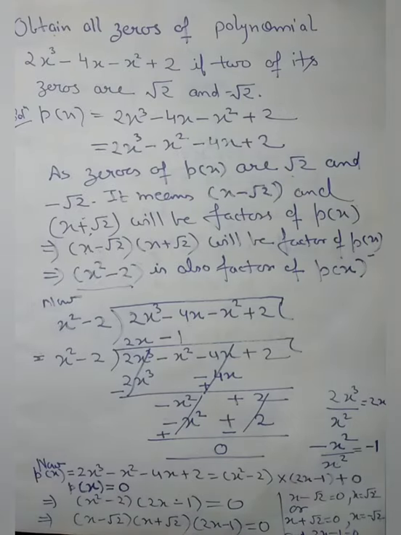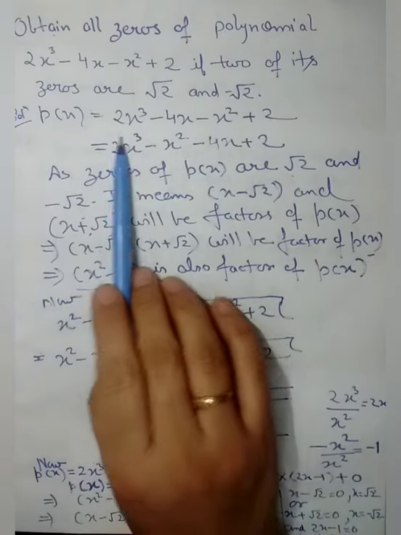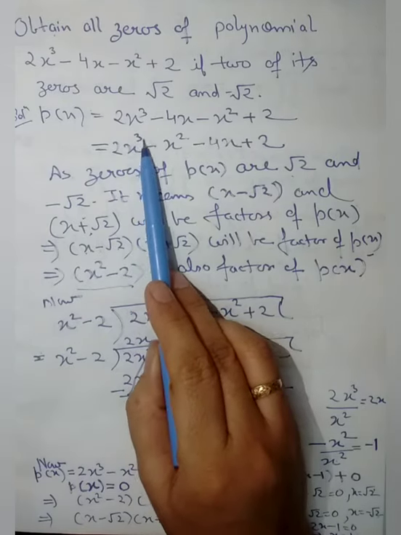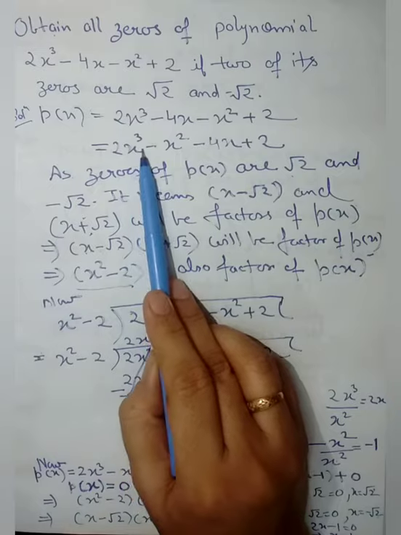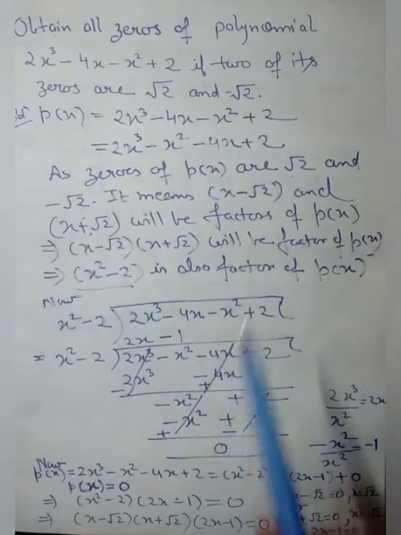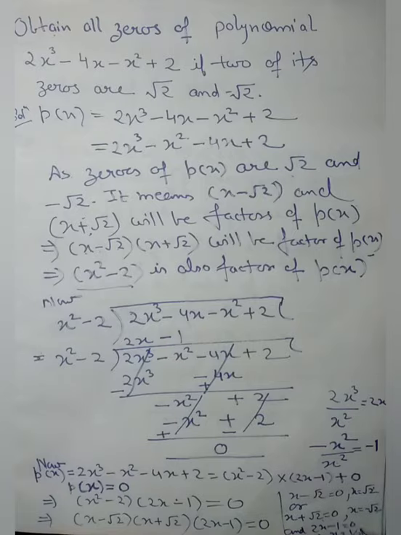The degree of this polynomial is 3, and at most 3 zeros can be there as the degree is 3. So 2 zeros are given and one zero which we have calculated is 1 by 2. So all the 3 zeros are root 2, minus root 2 and 1 by 2.